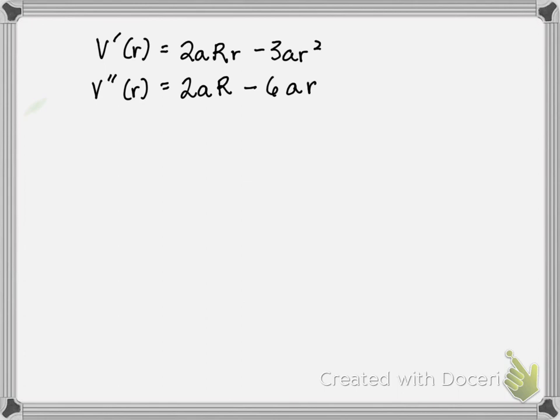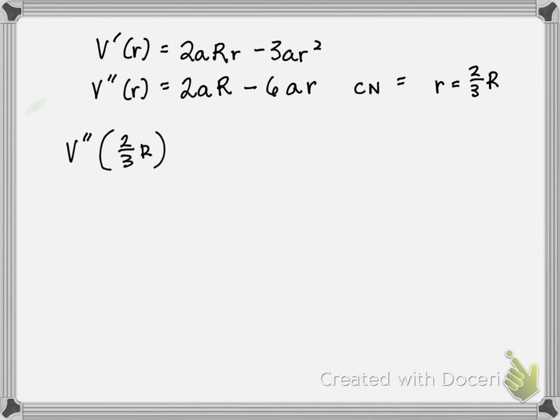Now I'm going to test it with the critical number. The critical number we found is little r equals 2/3 of big R. So let's test it out. I'm going to plug 2/3 big R into the second derivative.